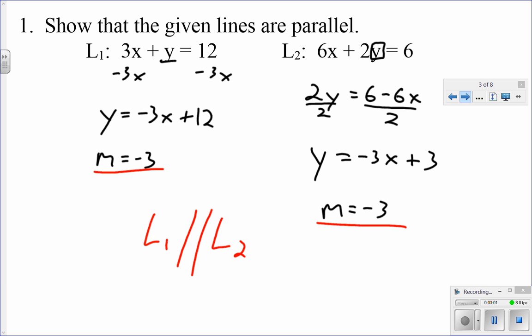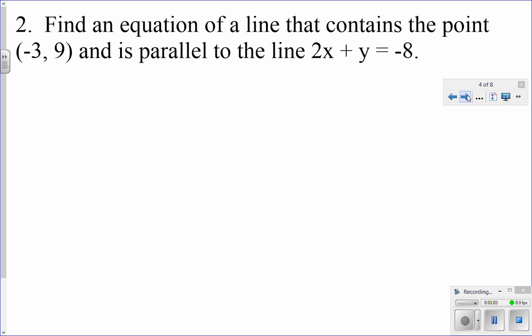All right, so if we look at example 2, find an equation of a line that contains the point (-3, 9) and is parallel to the line 2x plus y equals -8. Well, to find a line containing a point, that tells me I'm probably going to use point-slope form. So if this is my x1, y1, I know I'm going to have y minus 9 is equal to m times x minus a -3 here.